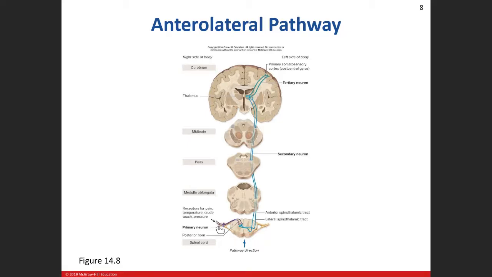We can see that the primary neuron comes into the gray horn and synapses onto the secondary neuron. Then that secondary neuron will cross over, or decussate, through the center of our gray matter to the contralateral side of the spinal cord, and then it'll ascend up through the brainstem all the way to the thalamus, where it will synapse onto the tertiary neuron, and then that tertiary neuron will travel to the primary somatosensory cortex.